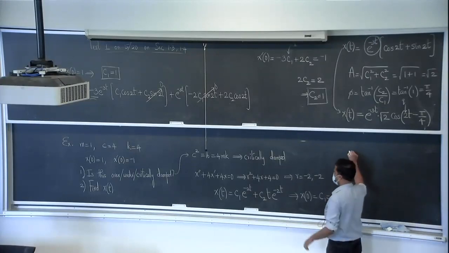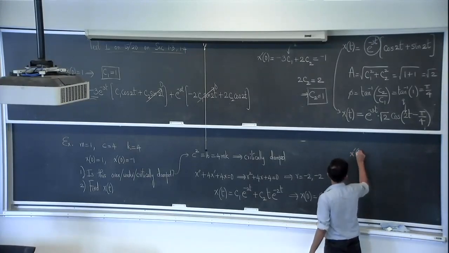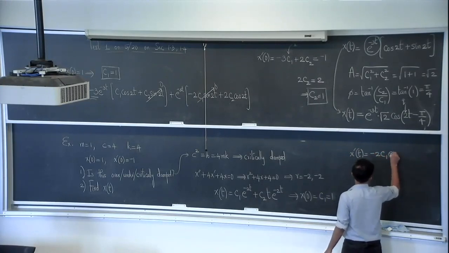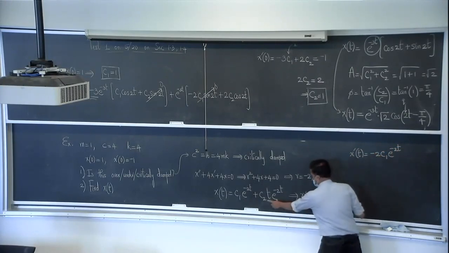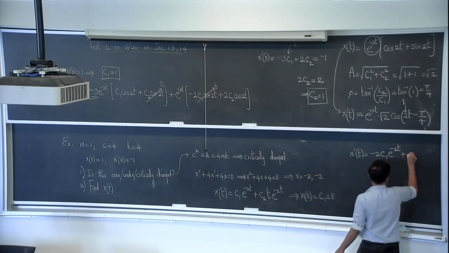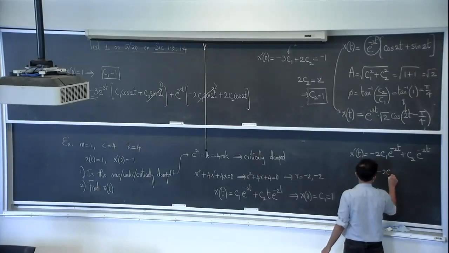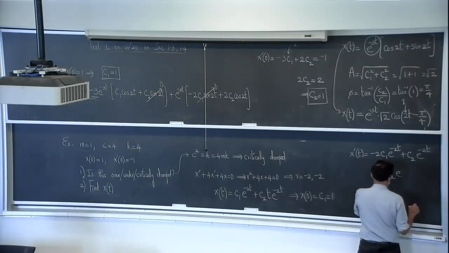And x prime, we need a little bit of product rule there, not too heavy. That's going to be -2 C1 e to the power of -2t. Product rule on this will give you plus C2 e to the -2t minus 2 C2 t e to the -2t.